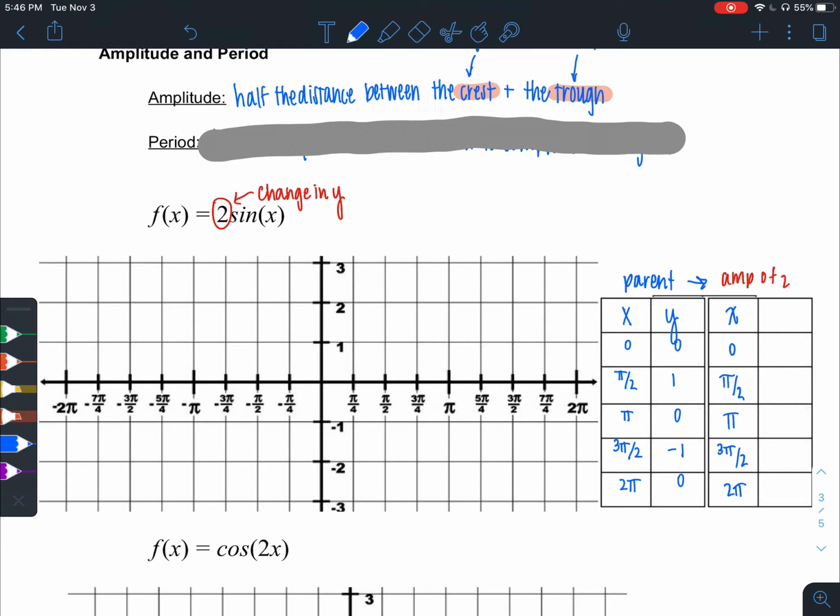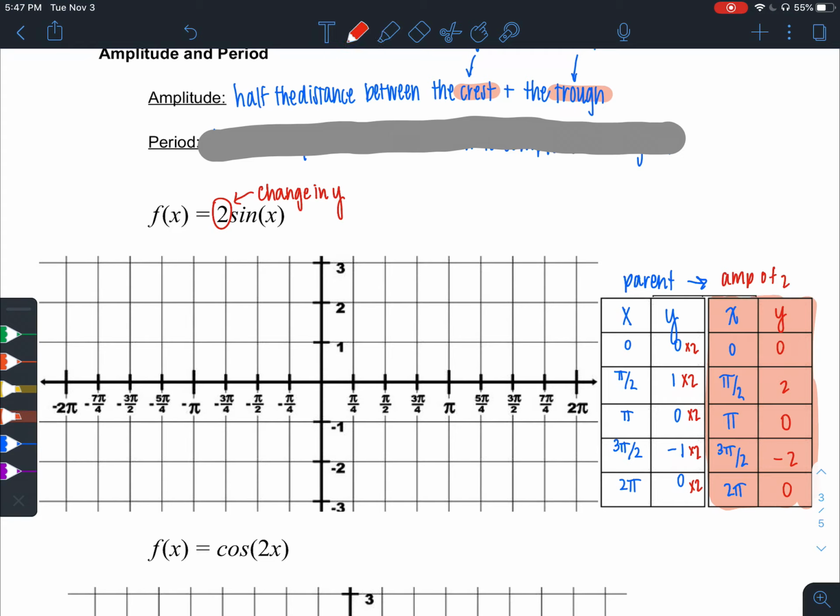And our y values, what we're going to do is multiply each of these by 2. So we end up with 0, 2, 0, negative 2, 0. So then let's go ahead and plot our new graph, which is this one here.